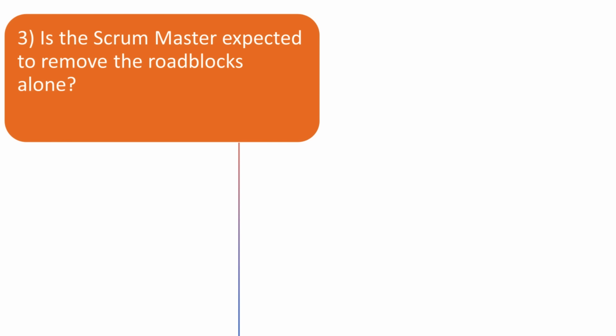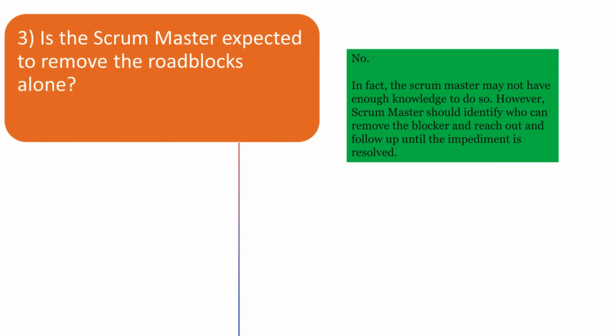No. In fact, the Scrum Master may not have enough knowledge to do so. However, the Scrum Master should identify who can remove the blocker and reach out and follow up until the impediment is resolved.